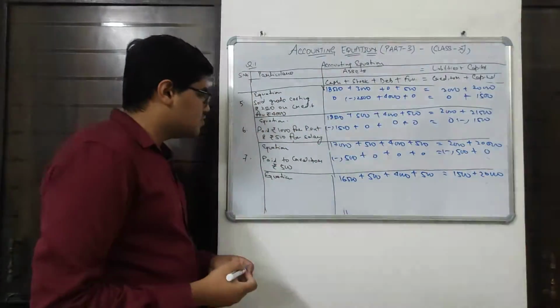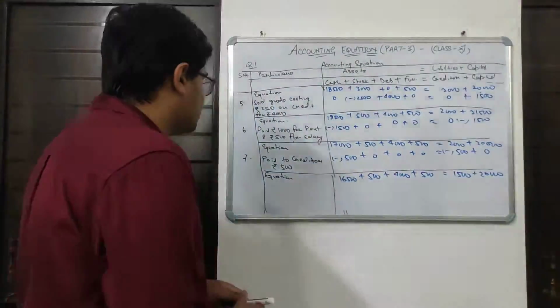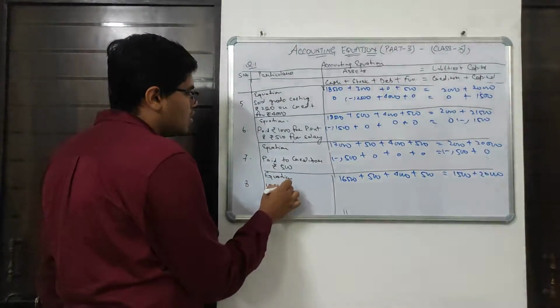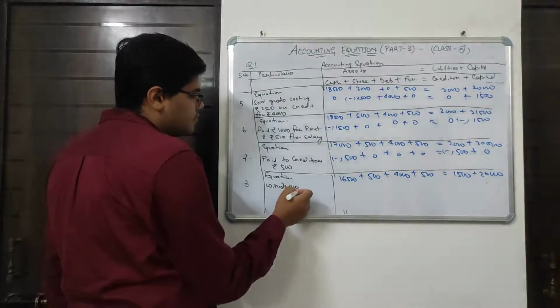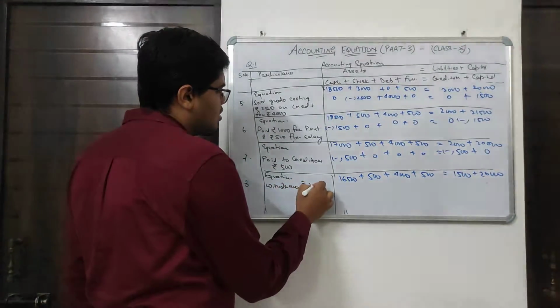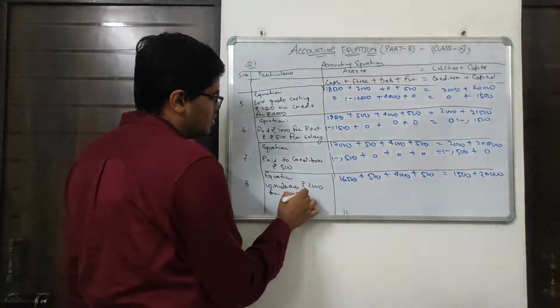Now moving on to our last transaction, the eighth transaction: withdrew rupees 2,000 for personal use.